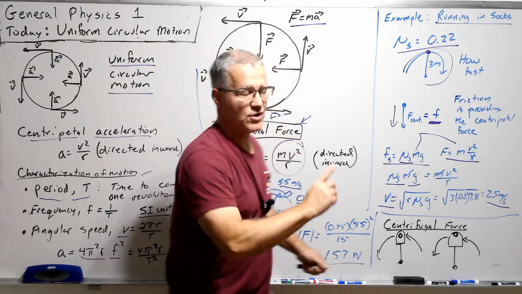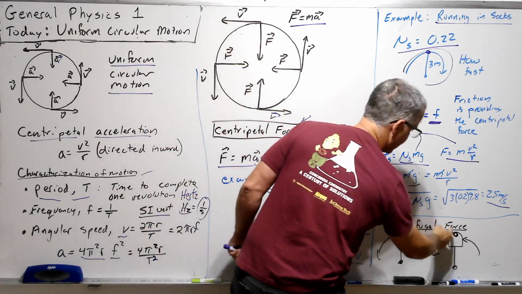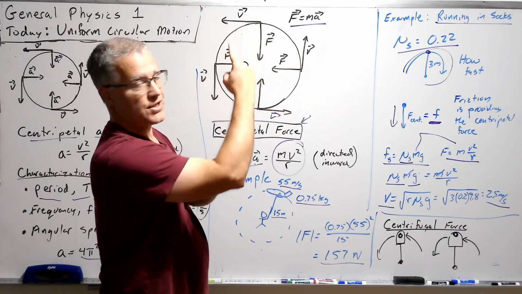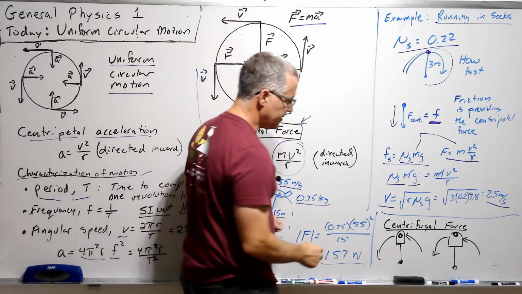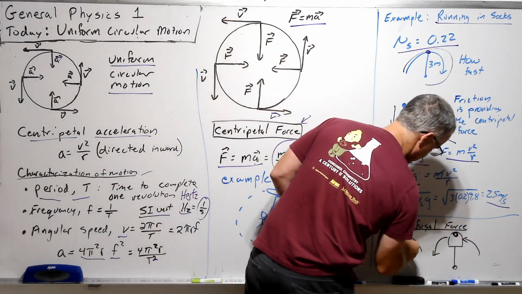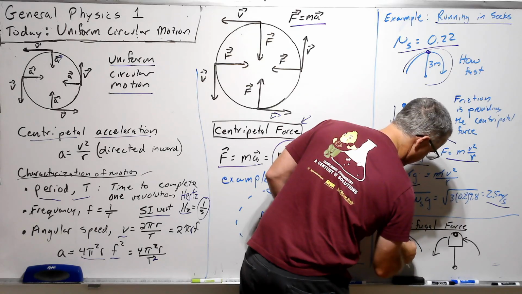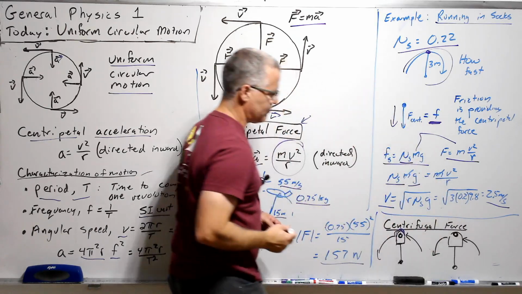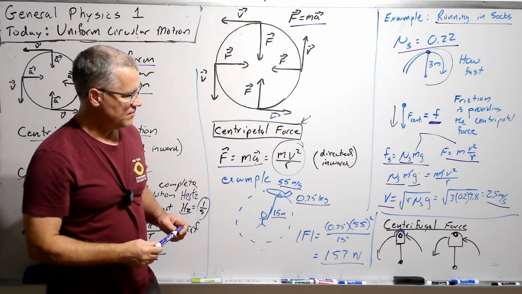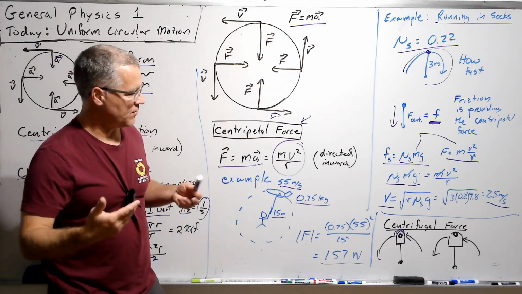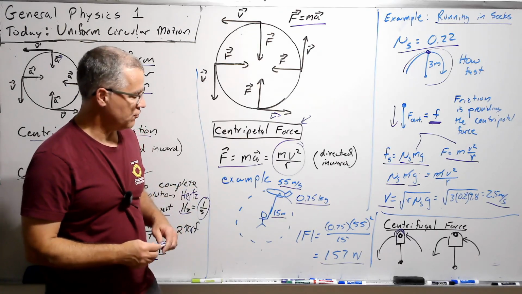Well, the reaction force then, this mass is providing a force this way. And so the motion of this object towards the outer edge of that bucket is given rise because of this centrifugal force.